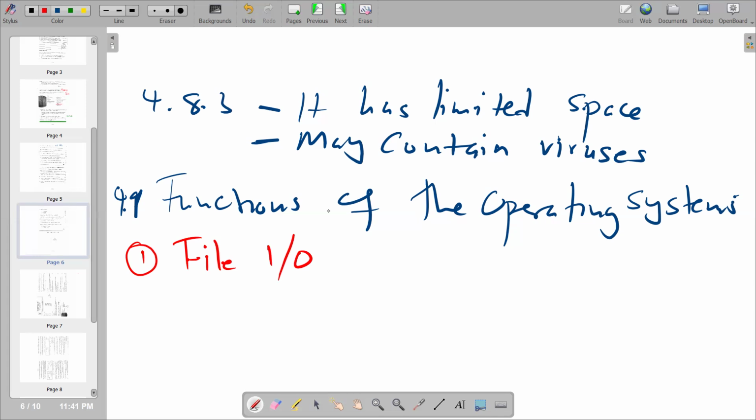File IO controls and manages saving and retrieving of files from the hard drive, as well as other external storage media. Then secondly, we have device IO. Device IO controls and manages all the different devices that are connected to the motherboard of the computer.